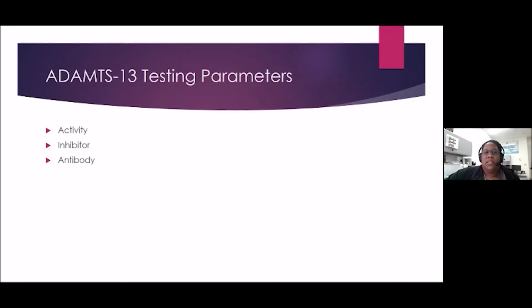So if we see that the activity is severely decreased below a certain level, like 10%, then there will be testing to see if there is an inhibitor or an antibody causing the decreased activity. If the activity is in the normal range, let's say it's like 85, you will not test for the inhibitor and antibody.